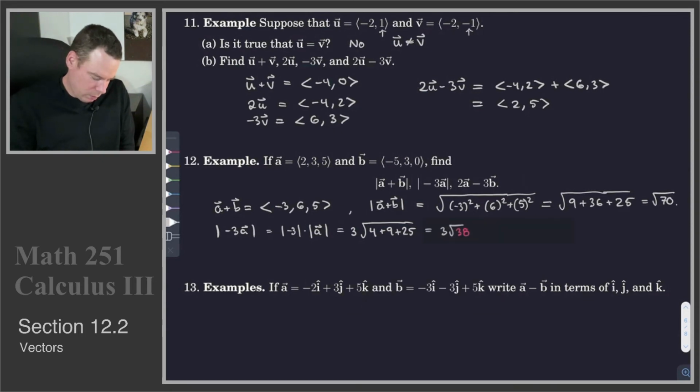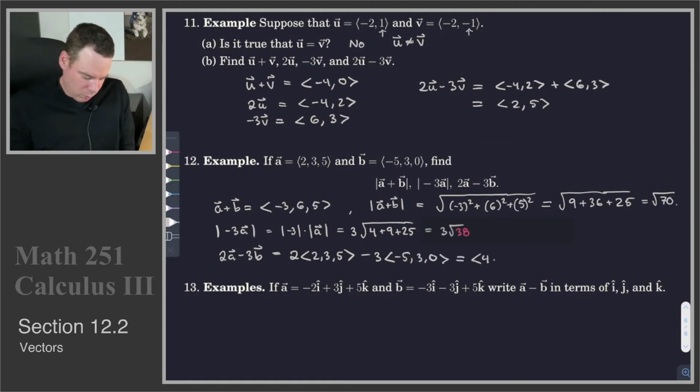And how about 2A minus 3B? Well, that would be 2 times <2, 3, 5> minus 3 times <-5, 3, 0>. And that's going to be <4, 6, 10> plus <15, -9, 0>.